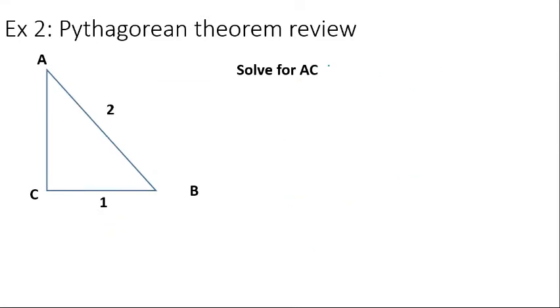All right, example 2, I want to solve for side AC. So again, here, this is A, B, and then C. Okay, so my Pythagorean theorem is A squared plus B squared equals C squared. A right here is 1. B squared, I don't know what it is, so I'm going to leave it as B squared. C here is 2.